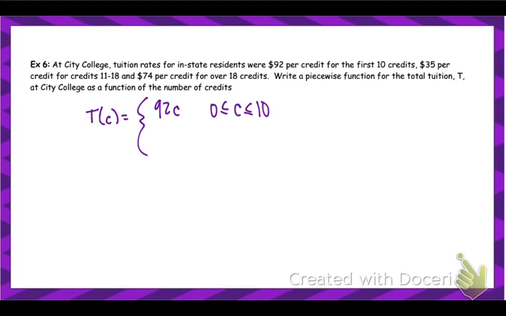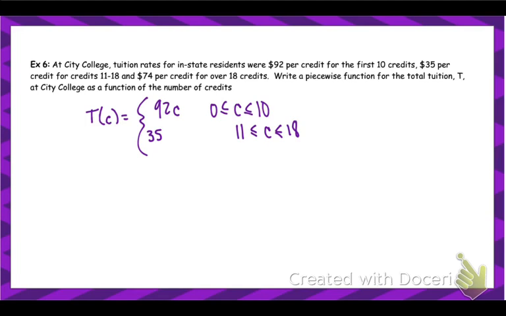All right, now let's try the next one, credits 11 through 18. Well, the domain's pretty easy here. Okay, my domain is going to be 11 is less than or equal to C is less than or equal to 18. All right, we know those credits are going to be $35 per credit. So it gets a lot cheaper in that section. So I know that that's going to be 35 times the number of credits between 11 and 18.